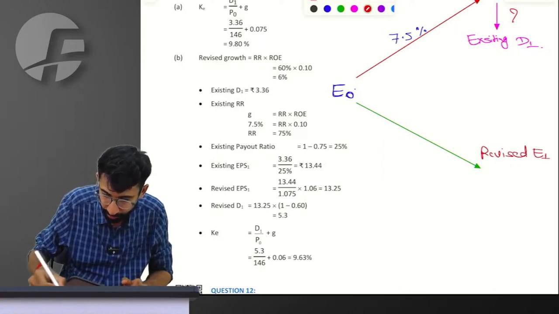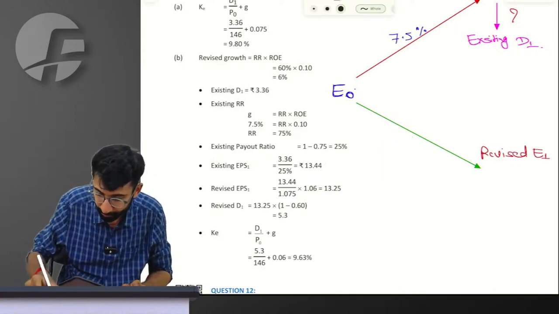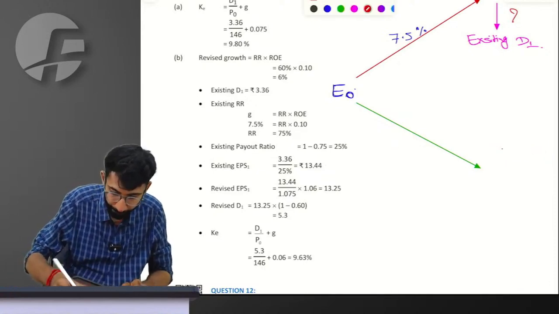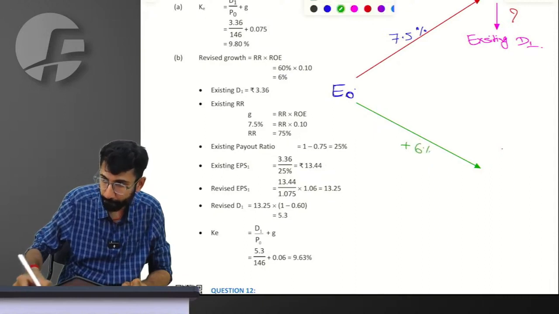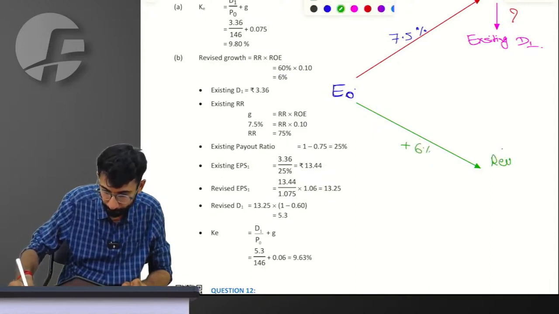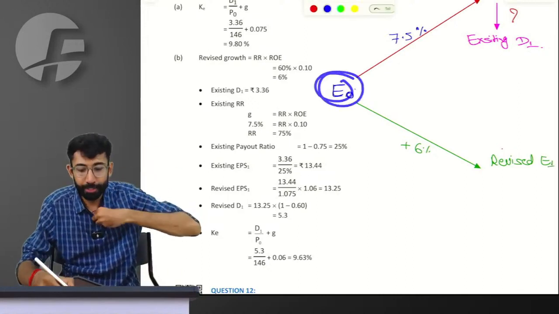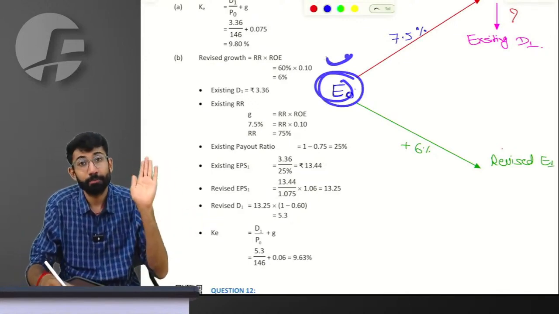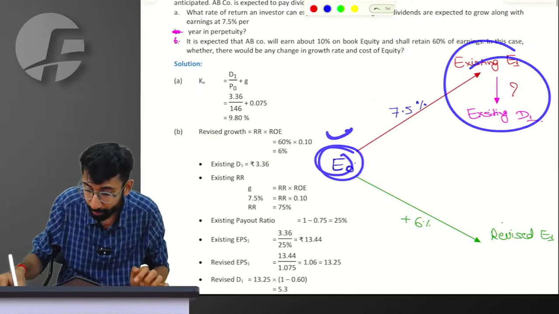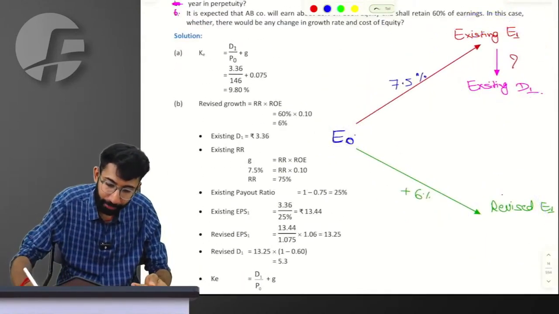Because the growth rate will change, which is going to be 6%. See, E0 never changes. We have earned it. This has happened. This is history. It cannot be changed. It is past. What I can change is my future. So in future, I was expecting I will earn E1.